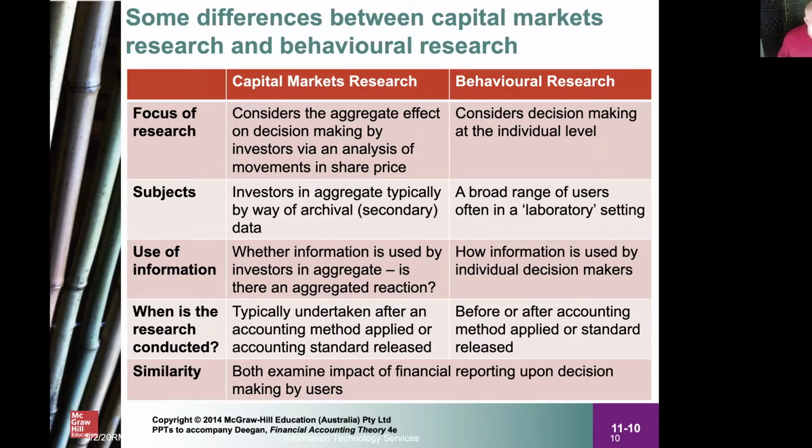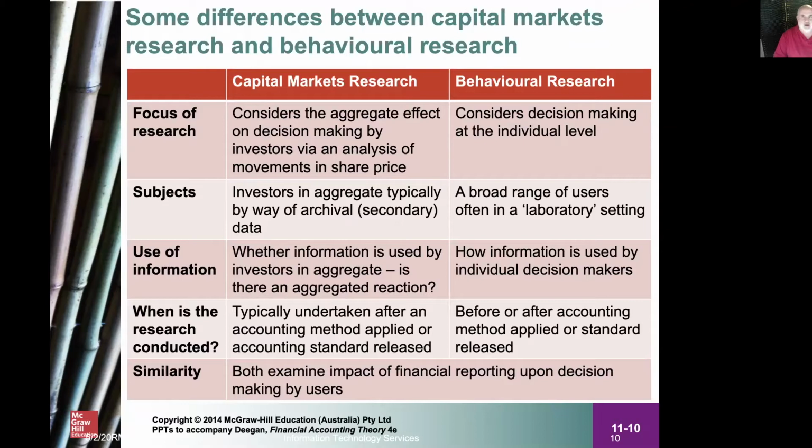If you wanted to understand the differences between what is capital markets research and what is behavioural research, just so we can understand where the differences are. I won't spend too much time on that slide because it summarises what we've talked about.